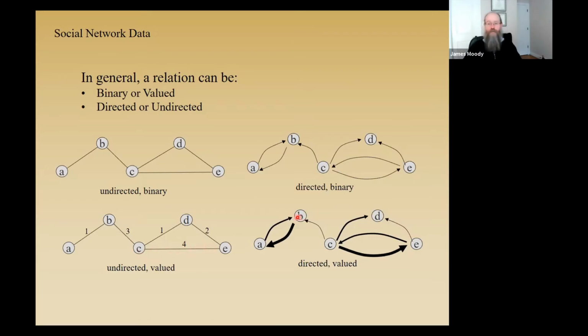Alternatively, we can imagine that B likes A a lot more than A likes B, or B sends money to person A at a greater rate or value than person A sends back. This is the notion of value, and it's often a convention to represent a directed tie with a directed arrow, and the strength of that tie would be something like a value.